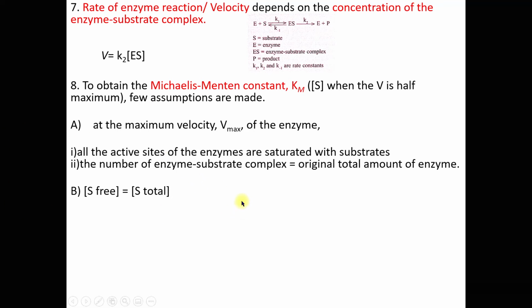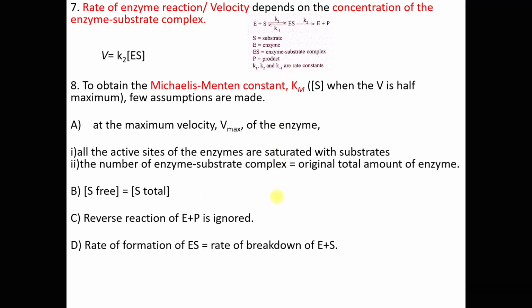The second assumption is the concentration of the free substrate is equivalent to the concentration of the total substrates. And then the third assumption is the reverse reaction of enzyme and product is ignored. Yalah, kita pun tahu kan, enzyme dengan produk ni is irreversible. Dia boleh menjadi enzyme dan substrate balik? Tidak boleh. So the reverse reaction of enzyme and product is ignored.